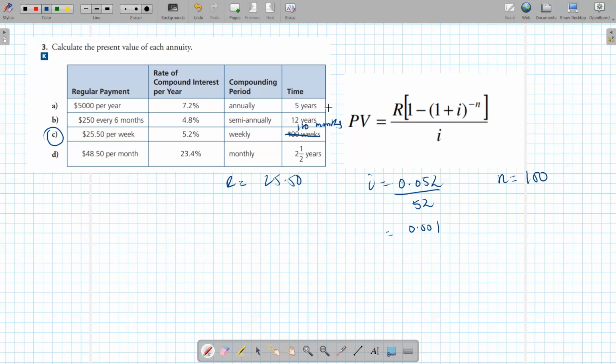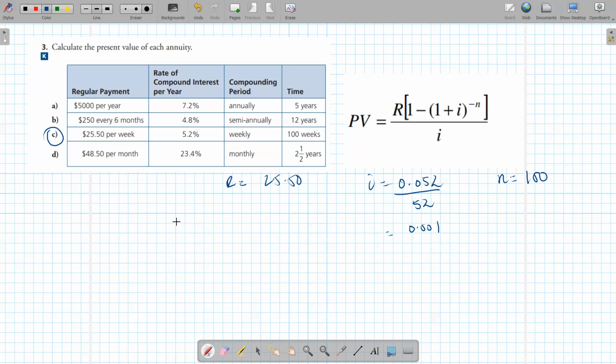So if that's at 100 months, you'd multiply that by 4, you get 400 weeks. What if it's at 100 years? How many weeks are there in 1 year? 52. So you'd multiply this by 52. Okay. But here at 100 weeks, they've already given us, it's being compounded weekly, so we don't have to touch that.